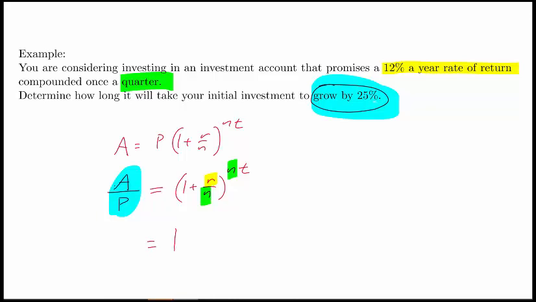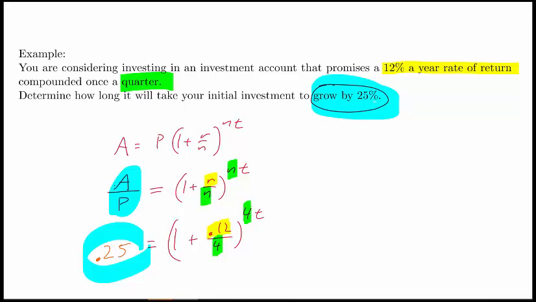So let's plug all this in. So we have 1 plus 0.12 divided by 4, to the 4t. Alright, so now we just have to account for our 25%, and it is tempting to write, oh, 25%, I put 25 right there.